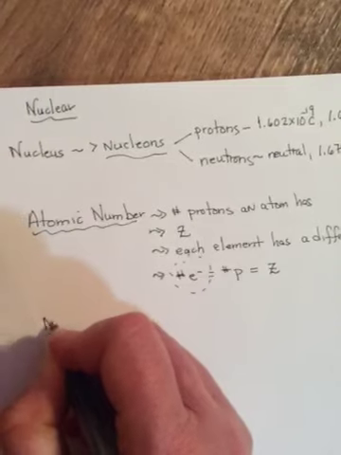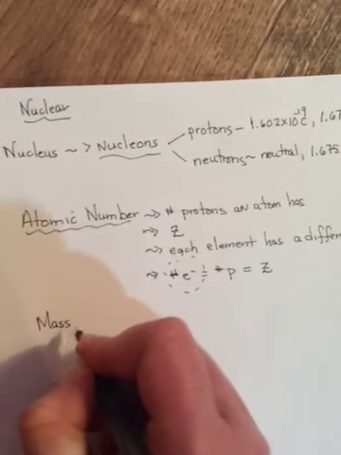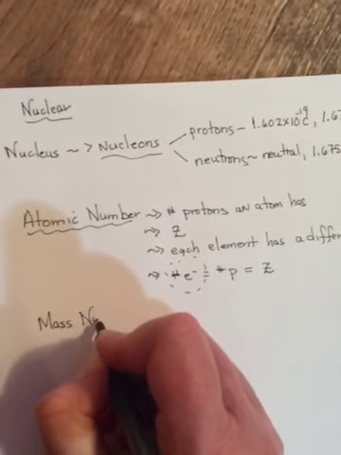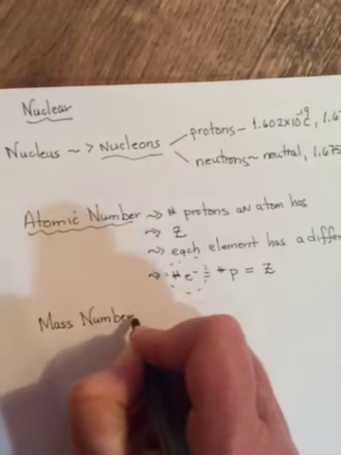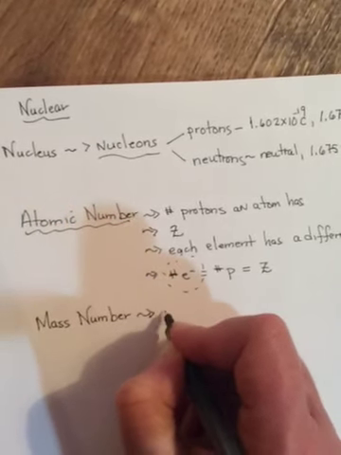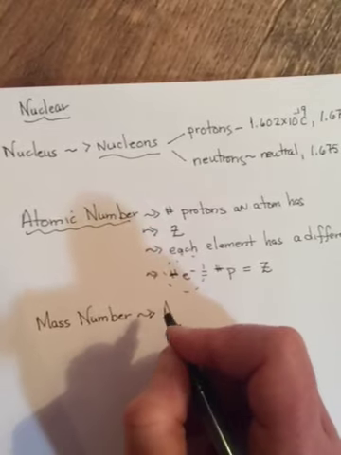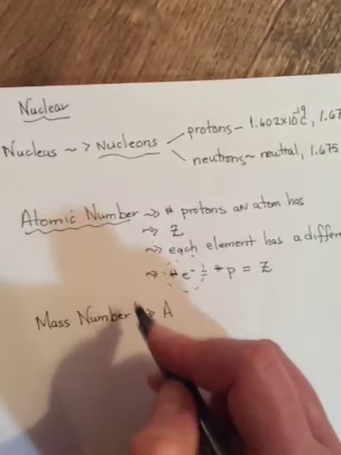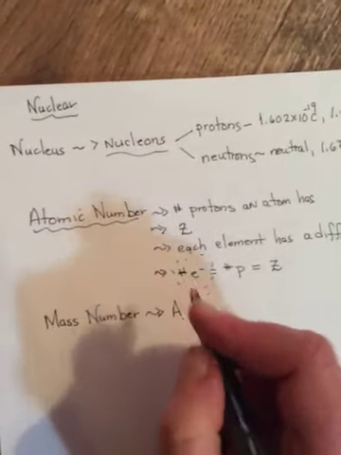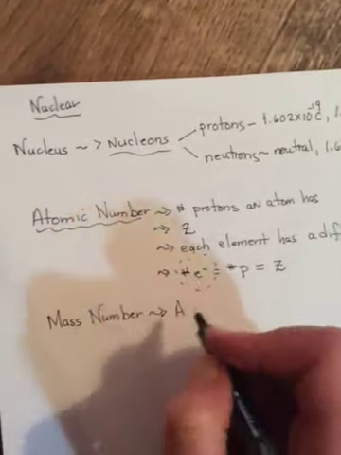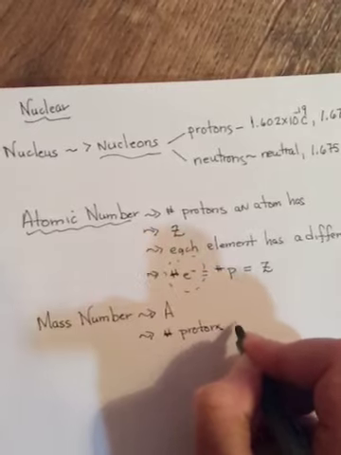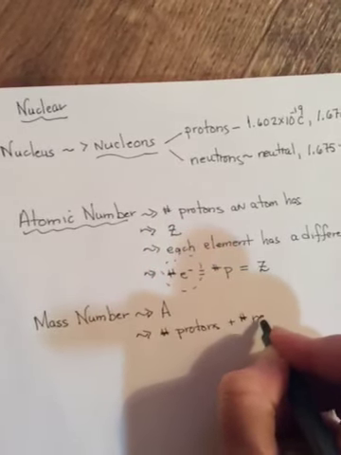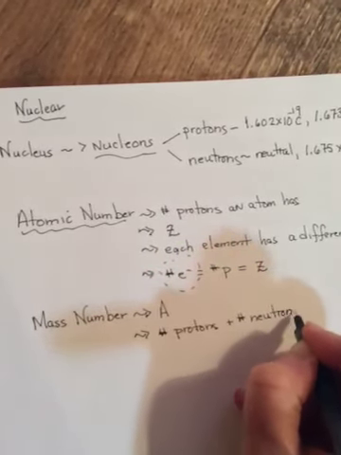There's another number that I'm not as sure that you would have met in chemistry, and it's called the mass number. Now, unfortunately, its symbol is A. I didn't make it up. I know that A would make a lot more sense to go with the atomic number, but I think Z was already with the atomic number. The mass number is the number of protons plus the number of neutrons in a nucleus.